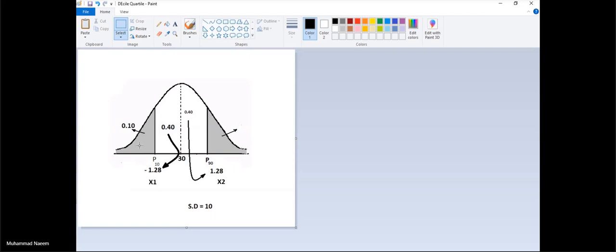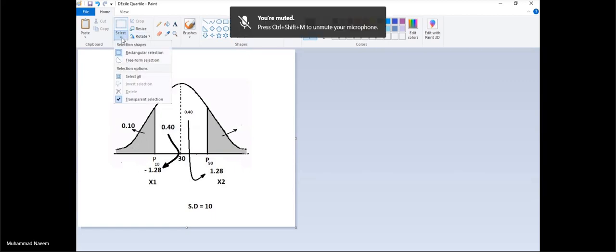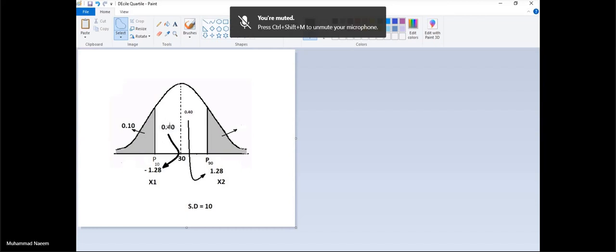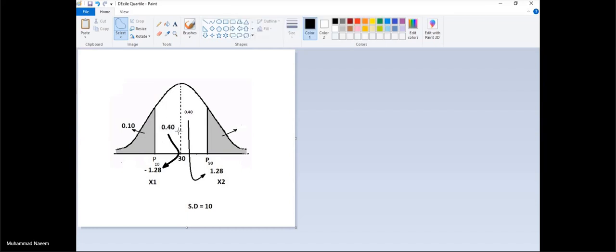10% means 0.10. This is the area covered by the 10th percentile. Below this point, this area is 10%, means 0.10. Now we need to use the table, but the table works only for this area. As this shaded area is 0.10, definitely this area is this one.